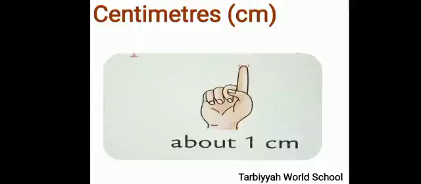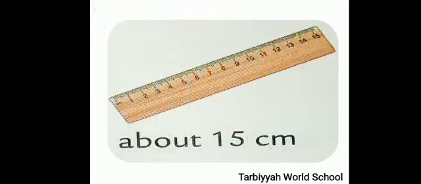Okay, and you can see on this scale. So the scale is about 15 centimeter. Okay, as you can see in this picture, the number 1 is marked and till the number 2, it is the difference of 1 centimeter. Okay, so the normal scale is about 15 centimeter.